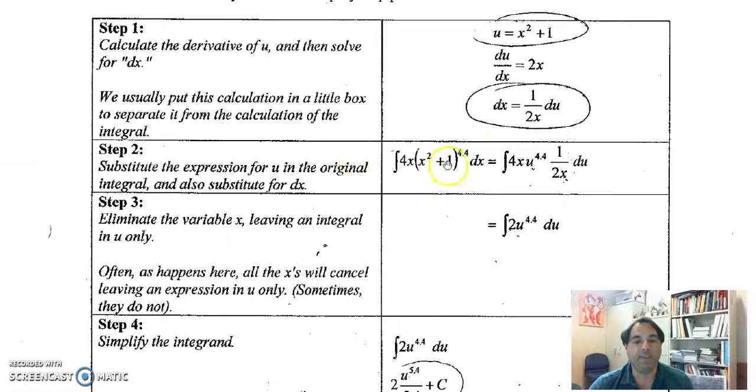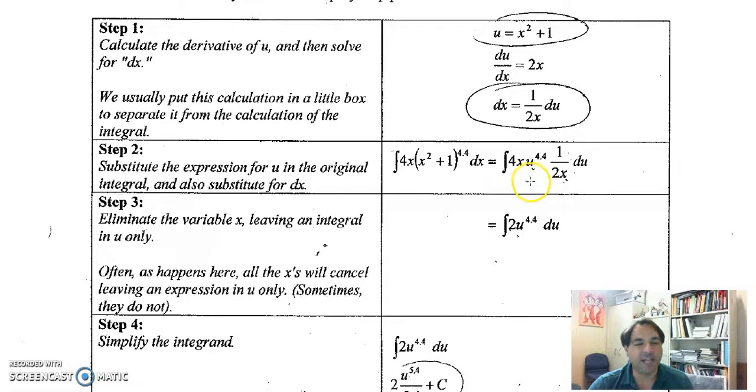When we make those substitutions, we'll have the integral of 4x times u to the 4.4, that's simpler, times 1 over 2x du. Now, it looks really complicated because we're dealing with x's and u's, and that's not what we want. We want to convert it to u, and then it should be simpler.